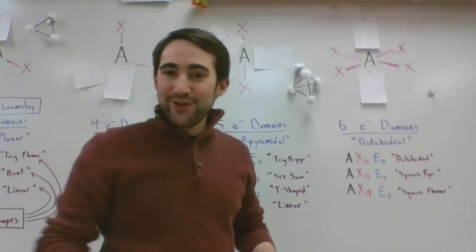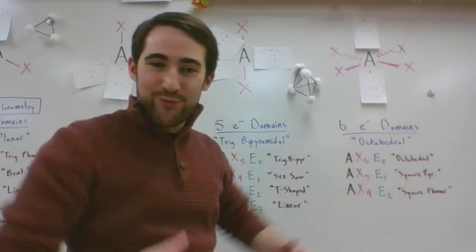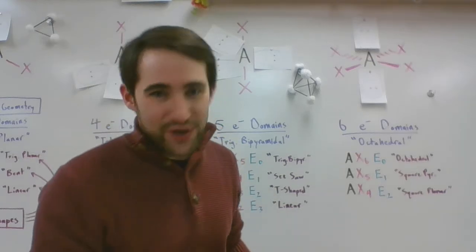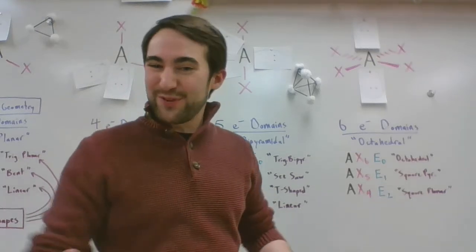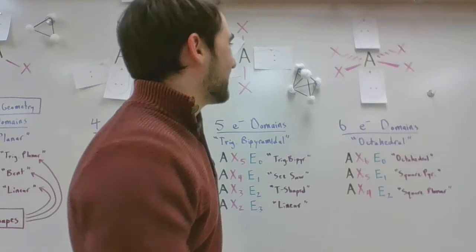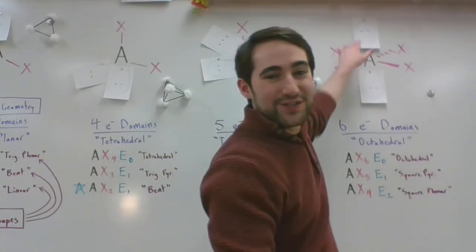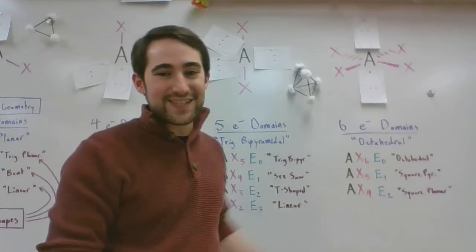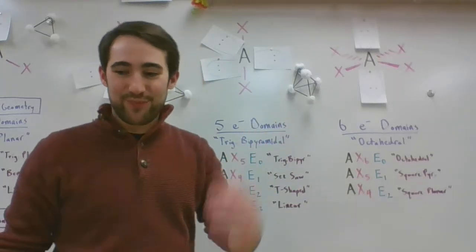Again, your lone pairs of electrons take up a little more room than the bonded atoms do. So we want to get them as far apart from each other as we can. So we put the lone pairs on opposite sides of each other, and we make something like this, AX4E2, 2 lone pairs of electrons and 4 bonded atoms.